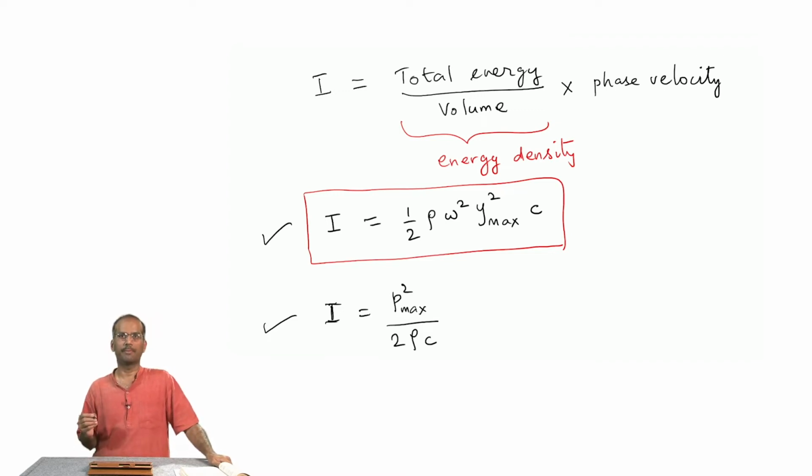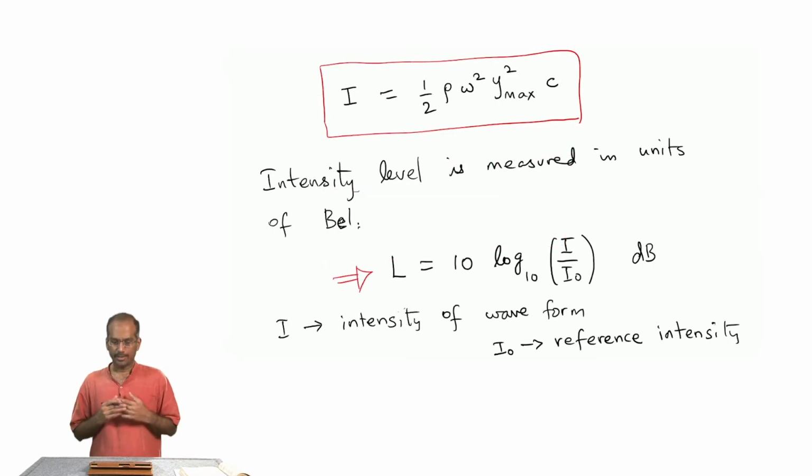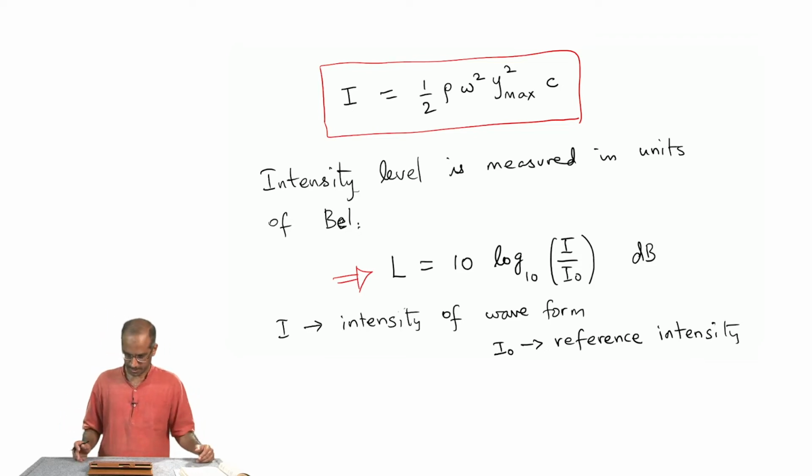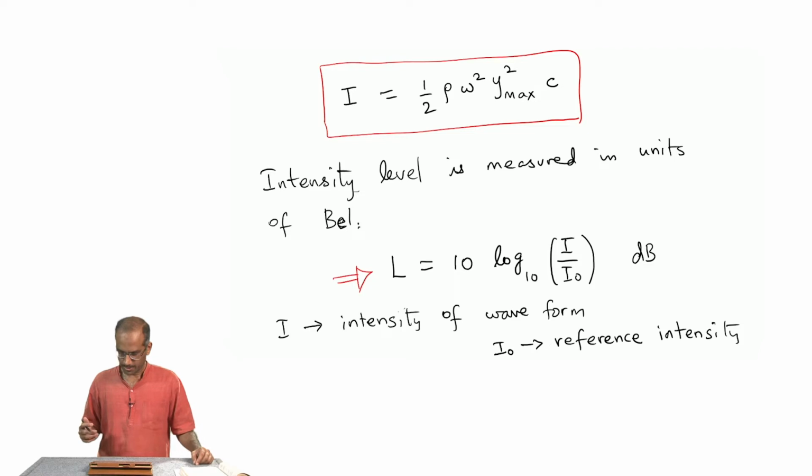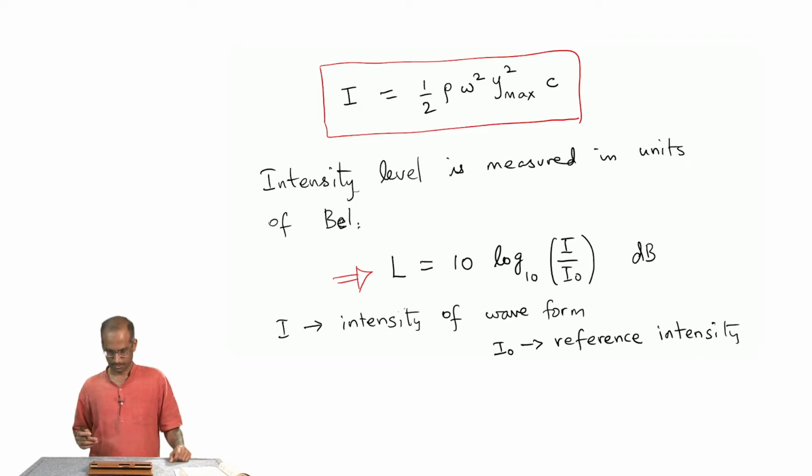The maximum amplitude of pressure, which is P max, and then in order to standardize the intensity, we assume that there is a reference intensity level I 0, which is identified with the just about audible voice for a human being, and any other intensity is measured as a ratio with respect to I 0.